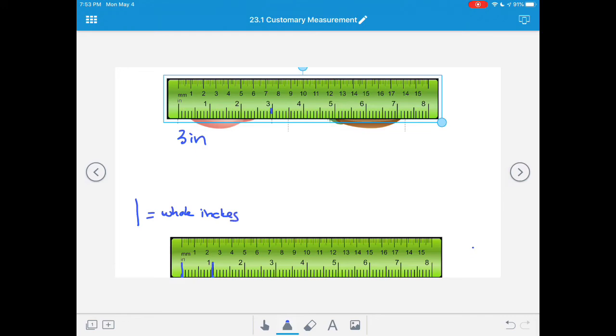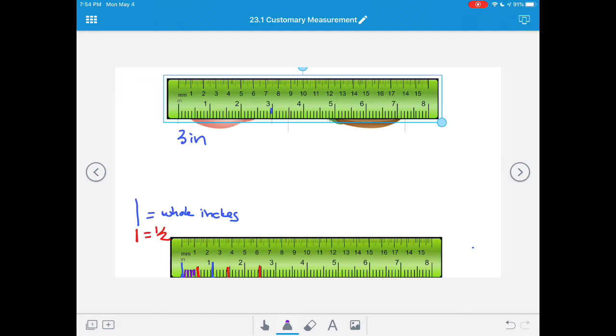Then we also have little half lines. So I'm going to draw that in red. These little half line marks show half inches. And then in between each half-inch mark, we have other smaller tick marks that are 1/8 of inches. 1, 2, 3, 4.